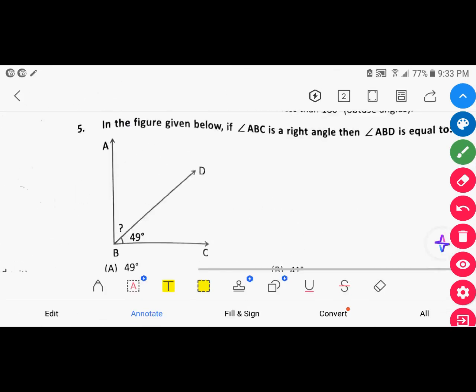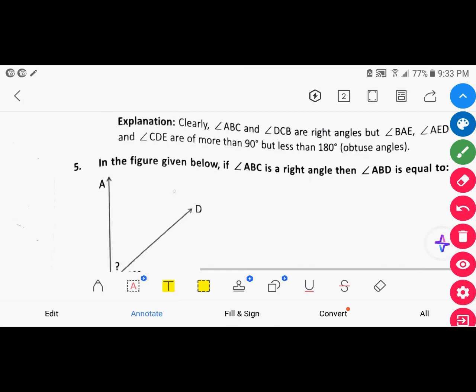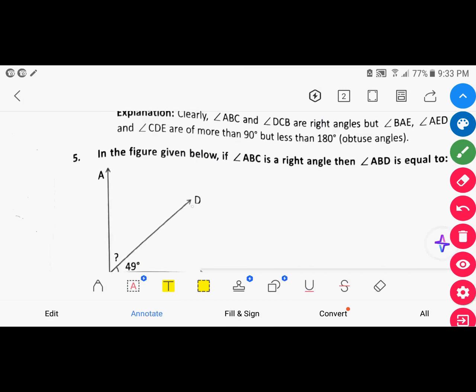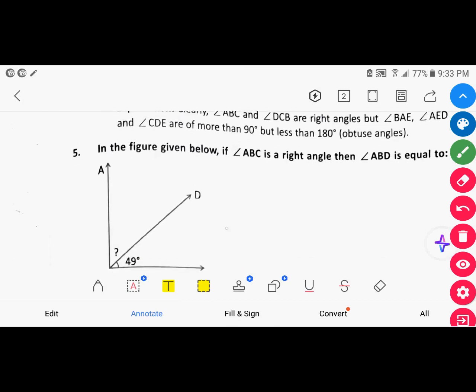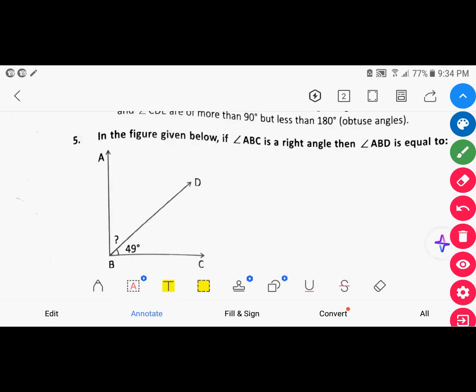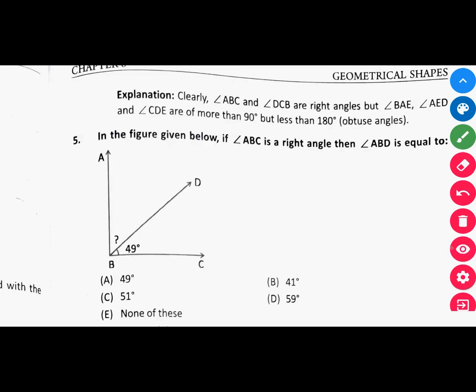Okay, the next one is, angle ABC is a right angle. Then ABD is equal to? Now see, it is a simple question. The whole angle is 90 degrees, and angle BCD is given to you, which is 49 degrees, and angle ABC is 90 degrees.